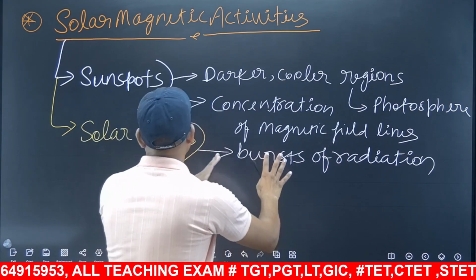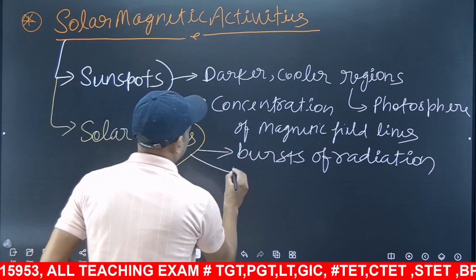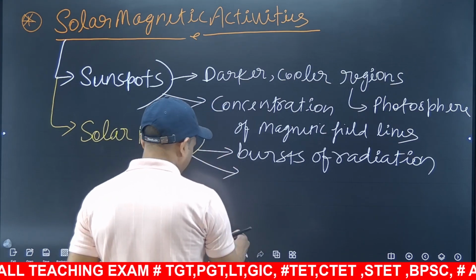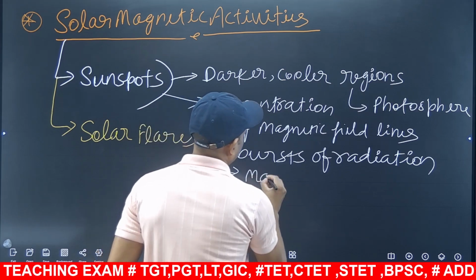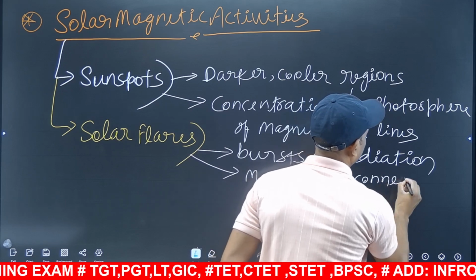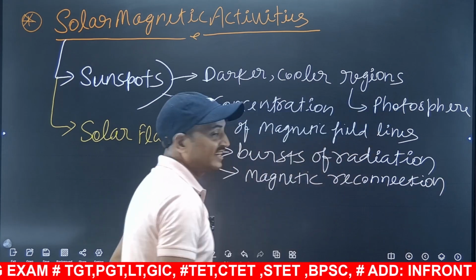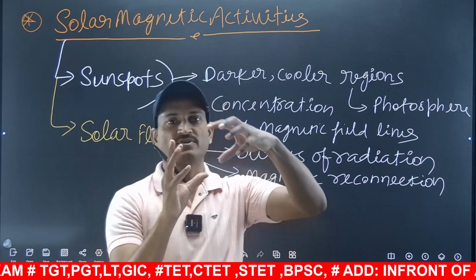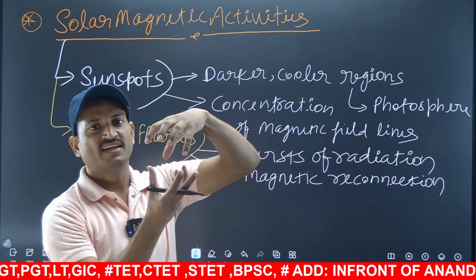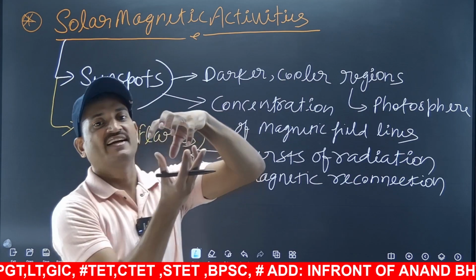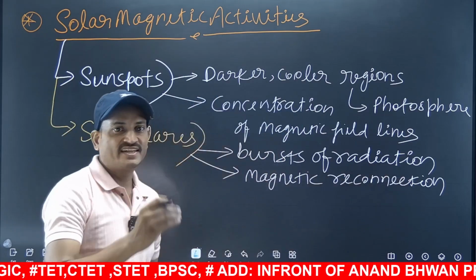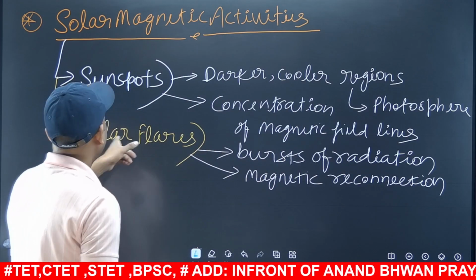They are also caused around the sunspot regions, due to magnetic reconnection, meaning reconnection of magnetic field lines, because the sun is exhibiting differential rotation. So the magnetic field lines of the sun keep on getting twisted and tangled, and then they reconnect. During reconnection, bursts of radiation get radiated from the photosphere. Those are called solar flares.